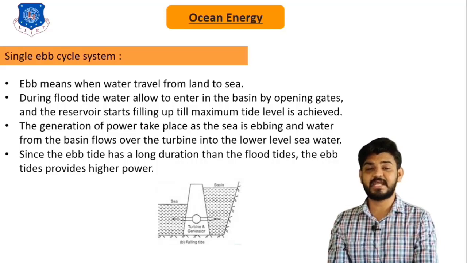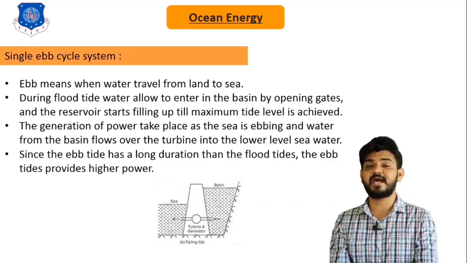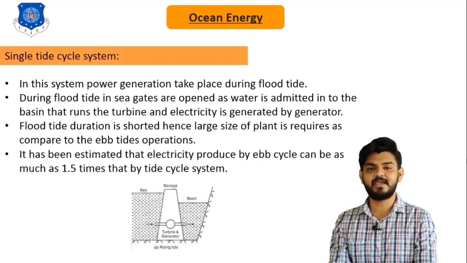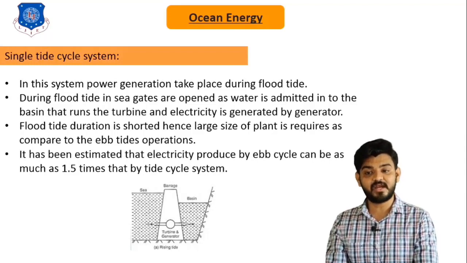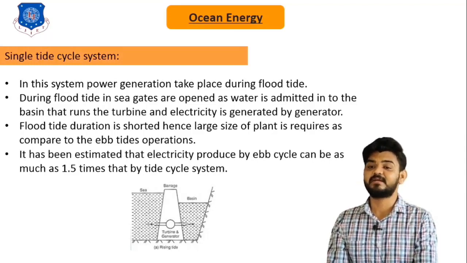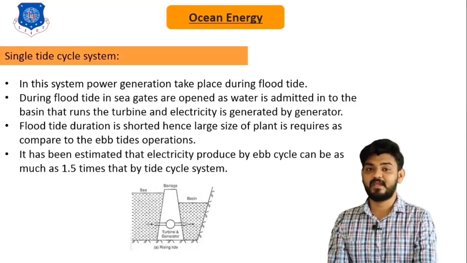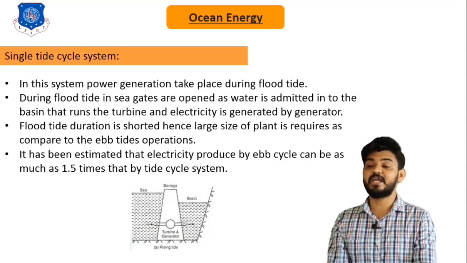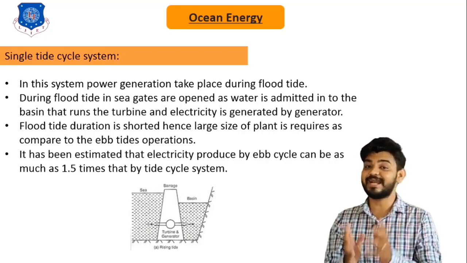So let's understand how the single tide cycle produces electricity in a single basin. In this system, power generation takes place during the flood tide. During flood tide, the sea gates are opened and water is admitted into the basin, which runs the turbine and rotates the generator to produce electricity.